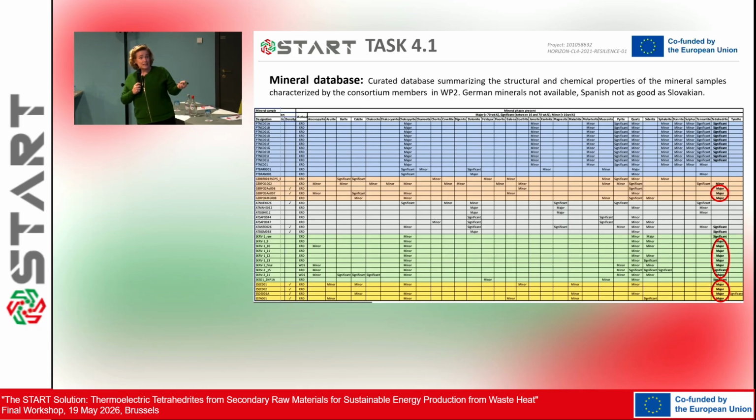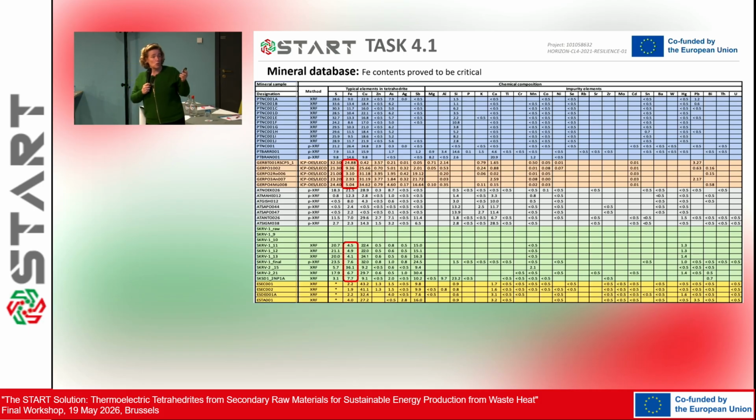So we have this database, which is now only accessible to people in the project, but that we are considering to make it free and accessible in Zenodo for everybody. One important aspect was the amount of iron that the minerals contained, because as you will see later, iron is problematic for tetrahedrites.